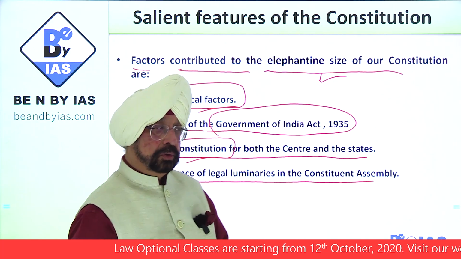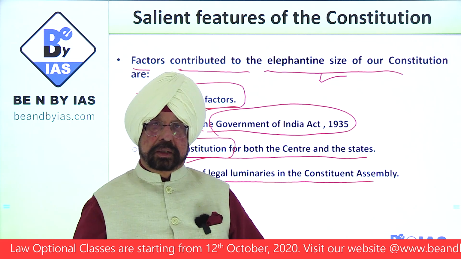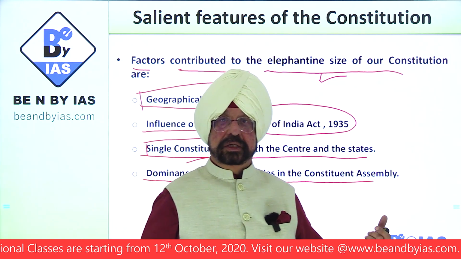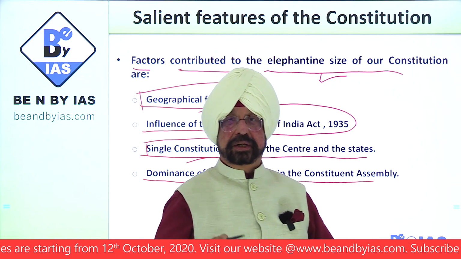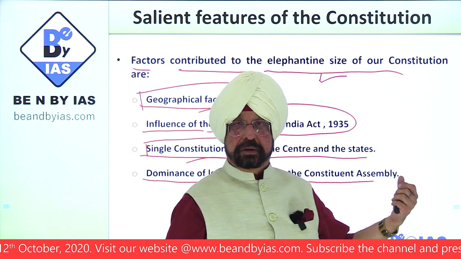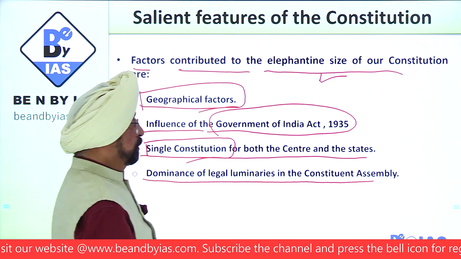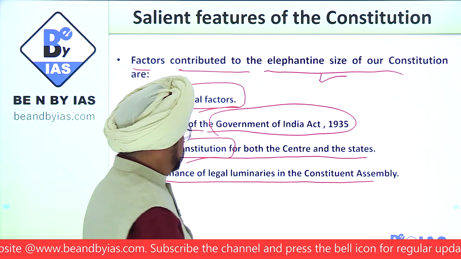To avoid all those situations, the legal luminaries took care of each and every legal aspect of every provision of the Constitution. That is why it led to its large size.